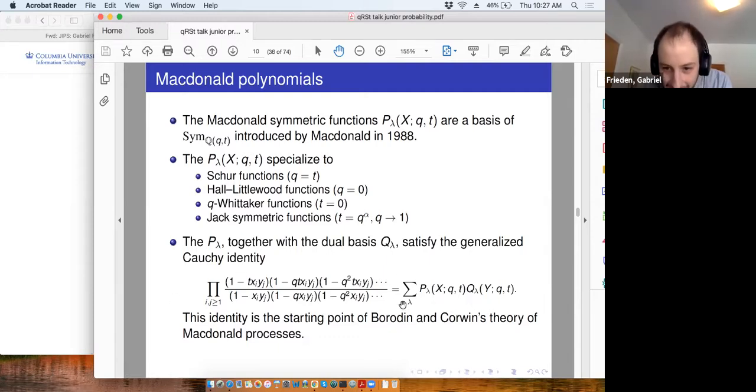The right-hand side looks just like the right-hand side of the Cauchy identity, but now the left-hand side is more complicated. If I kill t and q, then I'm just left with 1 over 1 minus x_i y_j. But in general, it looks like this. And this identity is the starting point of Borodin and Corwin's theory of Macdonald processes.